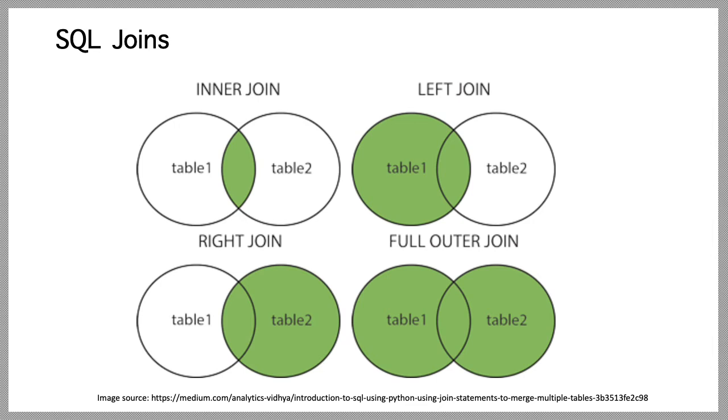The right join is the same, but a mirror reflection of the left join. So all table 2 rows are printed, for example, all orders ever placed, and the customers from the customers table who have placed any orders.